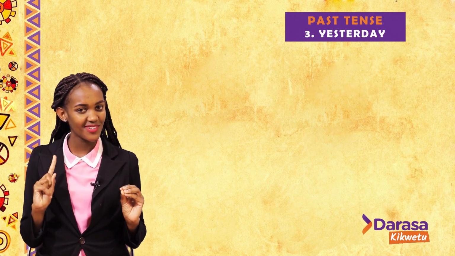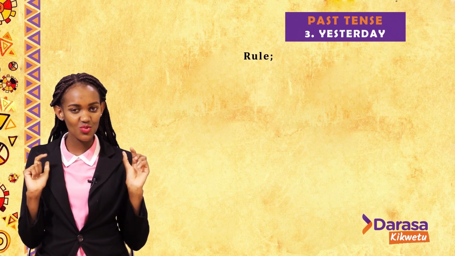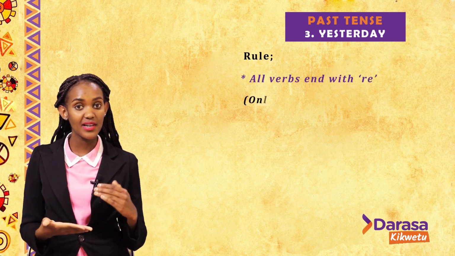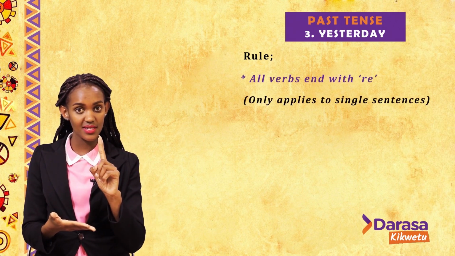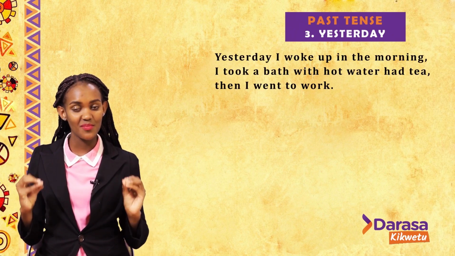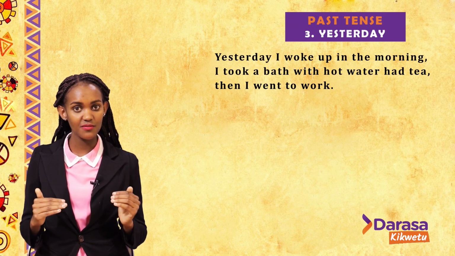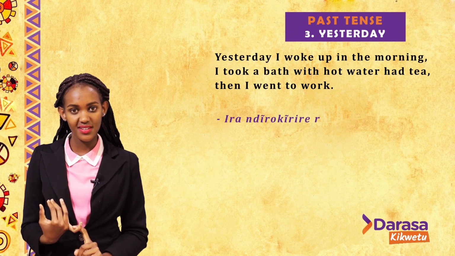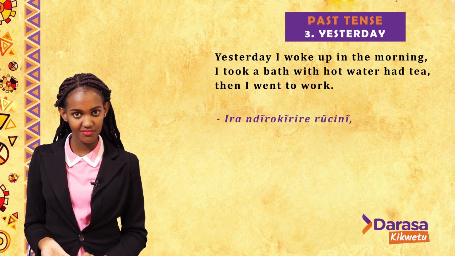So, let me tell you something else. That rule that I gave a few minutes ago applies if you're saying one sentence. But if you want to say it in a paragraph, you say ira ndirokirire rucini.